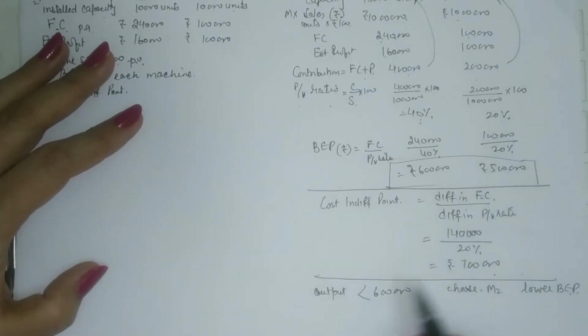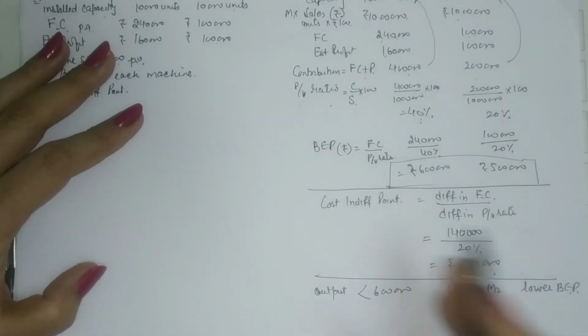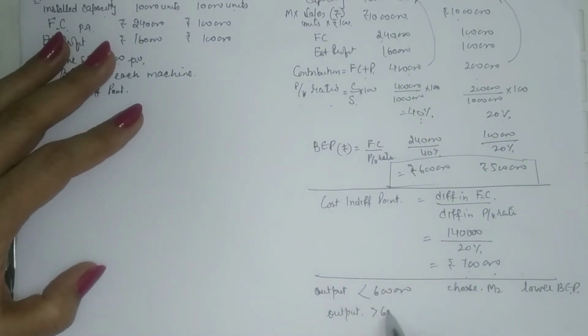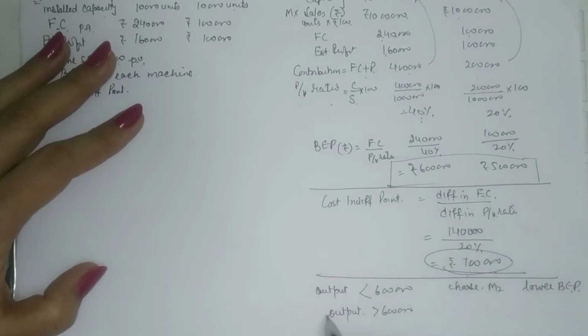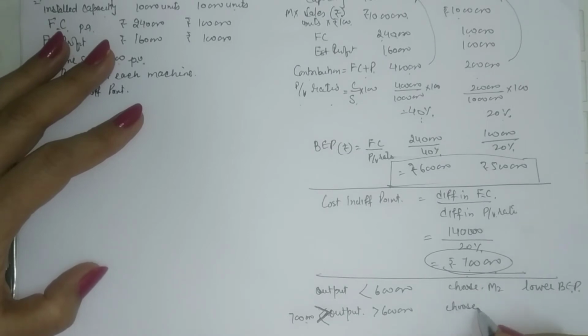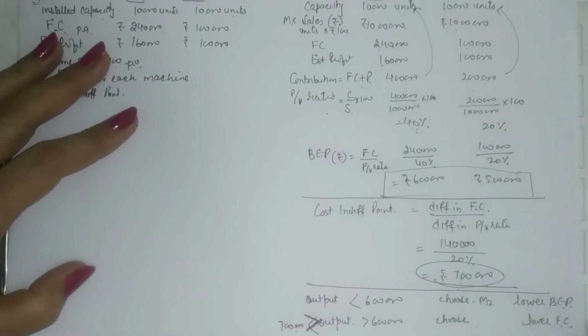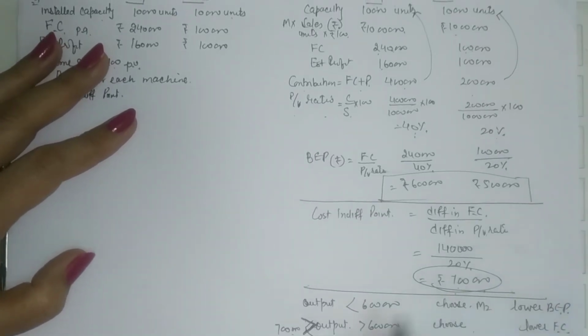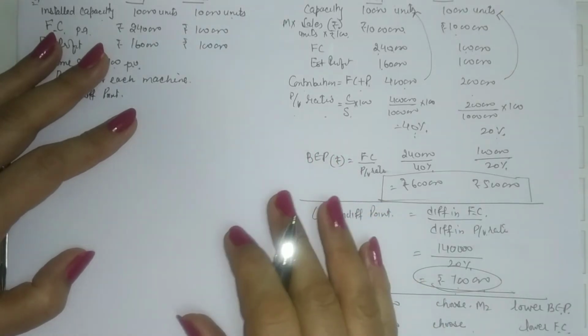Now, when your output is above 6 lakh, still you have one more bifurcation here of 7 lakh. That is the break-even point of the two methods, the cost indifference point. So when your output may be above 6 lakh, but it is below 7 lakh, you should choose the method which has lower fixed cost, because at this level both the methods are giving you the same level of profit.